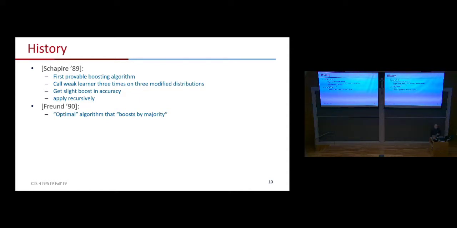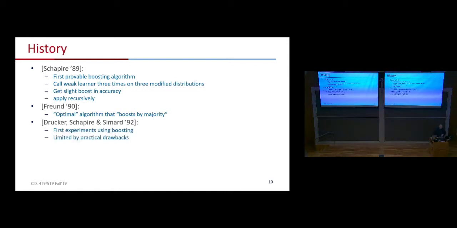A year later, Yoav Freund gave a different boosting algorithm called boost by majority. In '92, the AT&T group tried to actually use boosting on the example that I showed before, "How may I help you?" And it didn't really work. There were a few practical drawbacks.